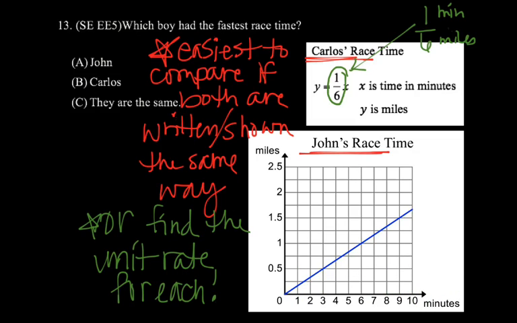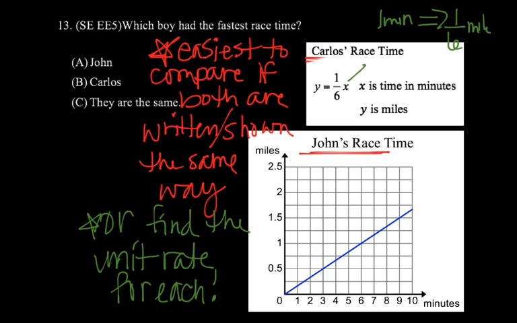But not all is lost. I can still take this unit rate and determine something. If it's 1 minute, I go 1/6 of a mile, okay? What if I adjusted this? My x is my number of minutes.